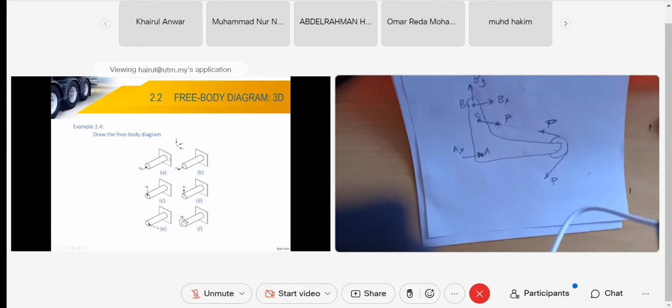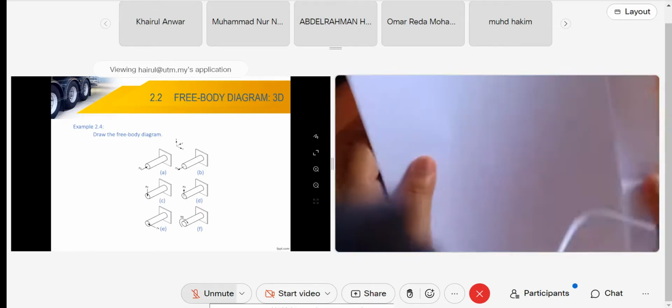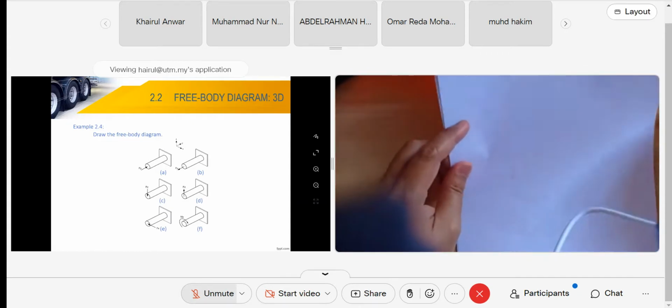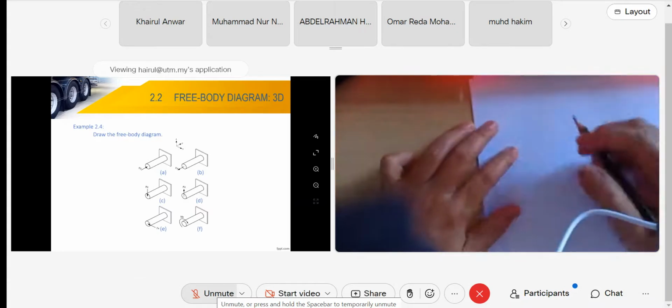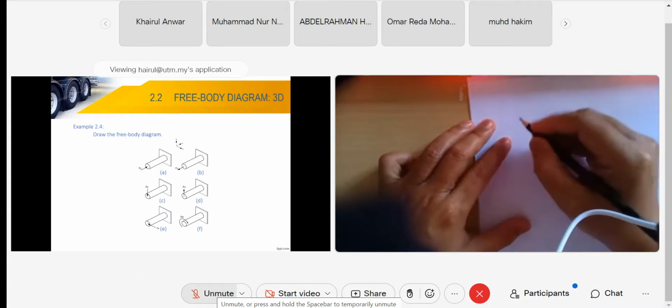We have Fy. So what is the direction at the other end of the rod? Apa dia punya direction in this case? Part A tu. Can you see my live video, my sketching? Nampak tak? Okay, A. So what is the direction?